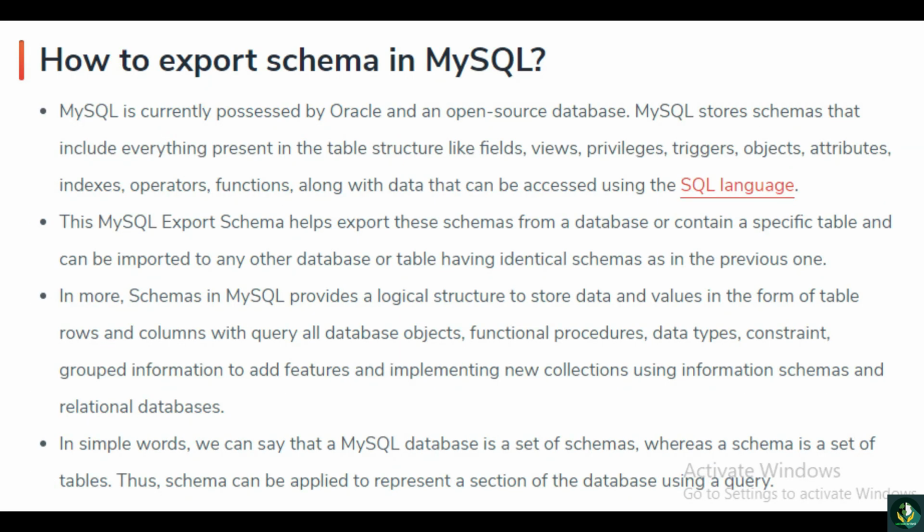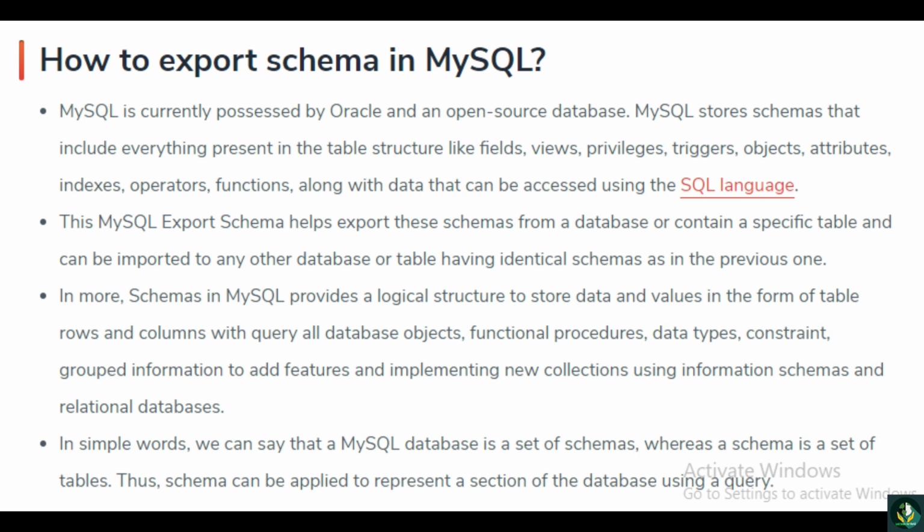How to export schema in MySQL? First step, MySQL is currently owned by Oracle and is an open source database. MySQL stores schemas that include everything present in the table structure like fields, views, privileges, triggers, objects, attributes, indexes, operators, functions, along with data that can be accessed using the SQL language.